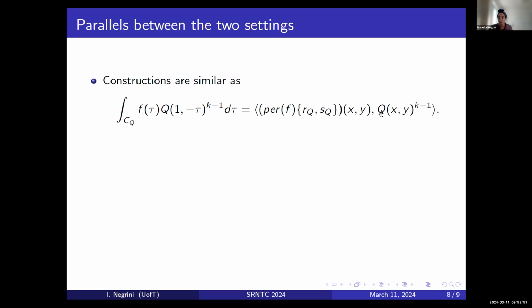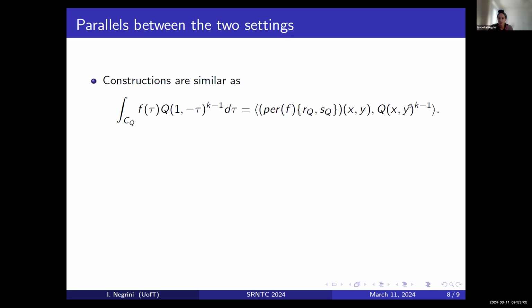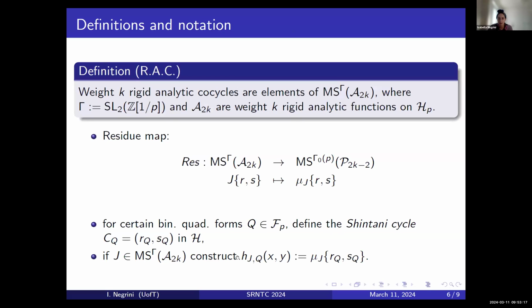Okay, and then you pair with Q, and you get a number, and you can see that it is equal to this integral. So you see this is the same expression. If we go back, it's the same expression that we have here, because again, we are pairing with Q, which we are also doing here. And then this period of F, and you plug in RQ, is the same as this polynomial, because if we go back, remember this polynomial was the residue of J. So instead of the period of the form, we have the residue of the cocycle.